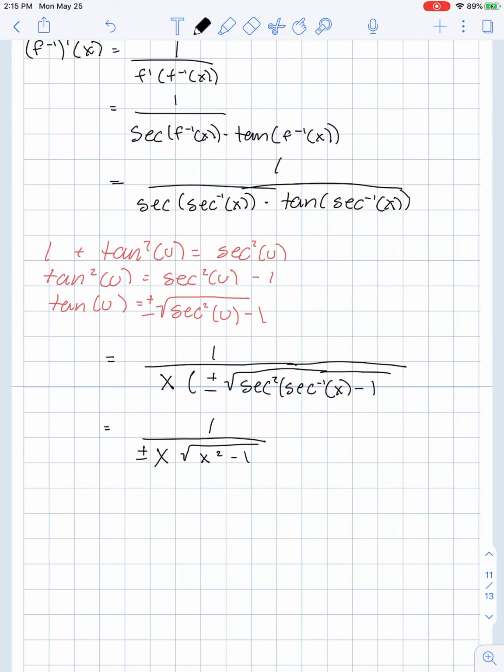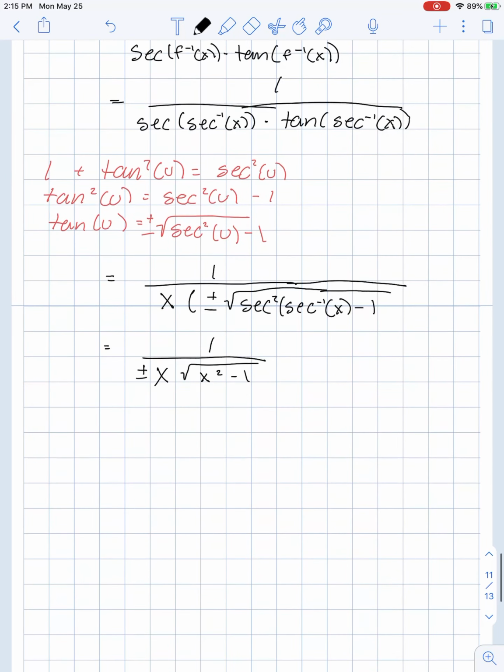Alrighty, so to deal with this plus or minus x: the minus only comes out when x is negative, and the positive comes out when x is positive.